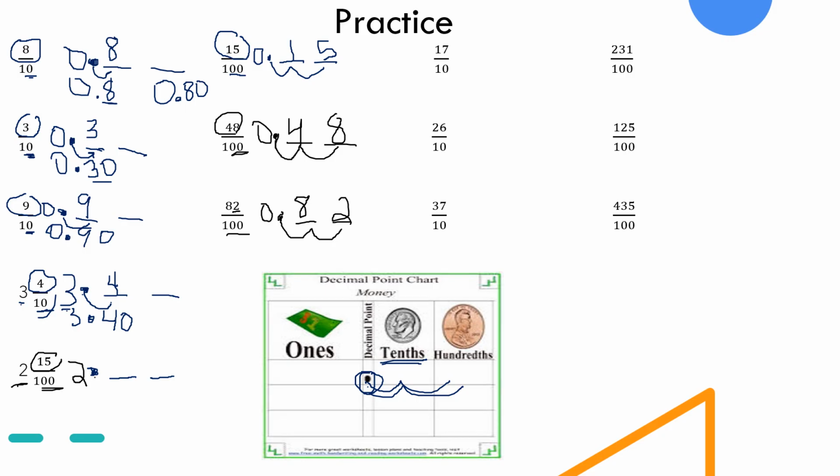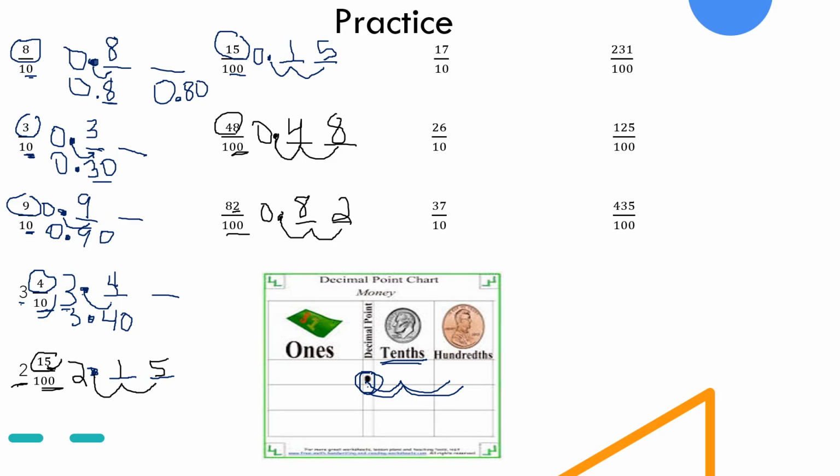So I count starting at the decimal point, 1, 2. So my last digit of my number should be sitting in that second spot. So my 5 goes here and 1 sits here. Again, you read it the same way that you would read that mixed number. 2 and 1500s. When you see a decimal point, you say and.